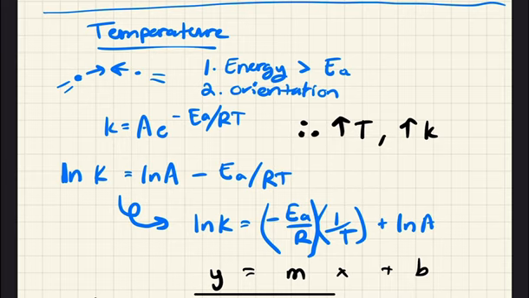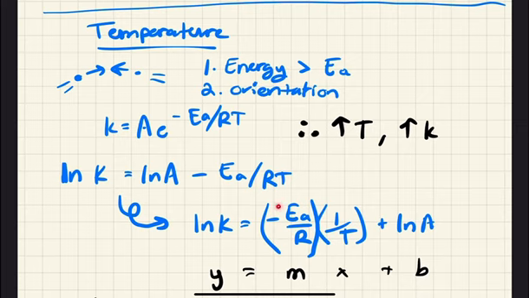If we pull out the Ea over R term from the 1 over T, we can see that temperature is something that's easily manipulatable, so it can be our independent variable, or x. So 1 over T can be our x, essentially.